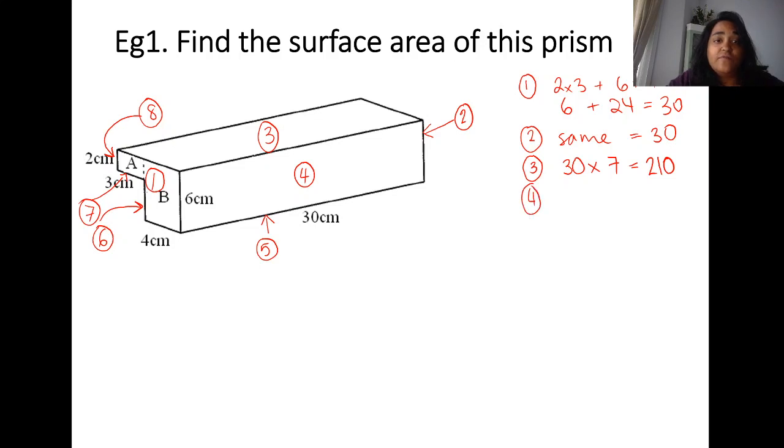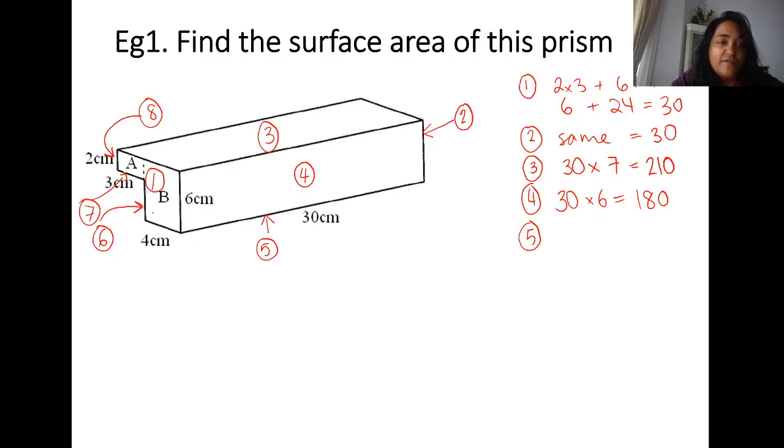Then we've got our fourth side. So that's 30 by 6. Okay, so 30 times 6, 180.